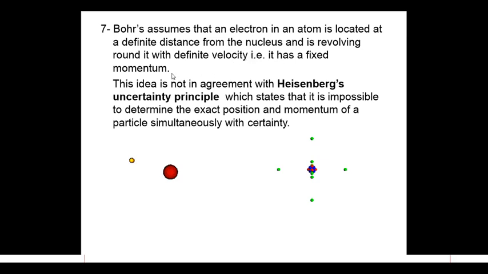That means it is having a fixed momentum, isn't it? But according to the uncertainty principle, it is impossible to determine the position and momentum simultaneously. So this also forms one of the drawbacks of Bohr's atom model.